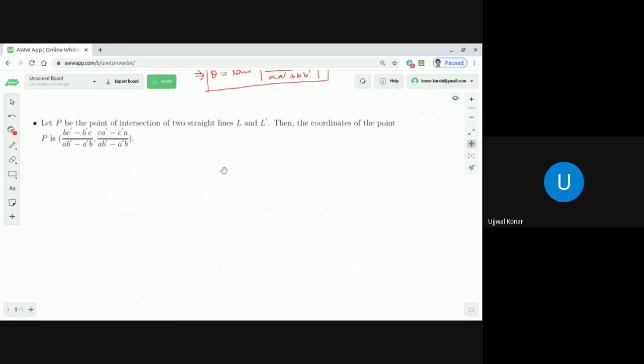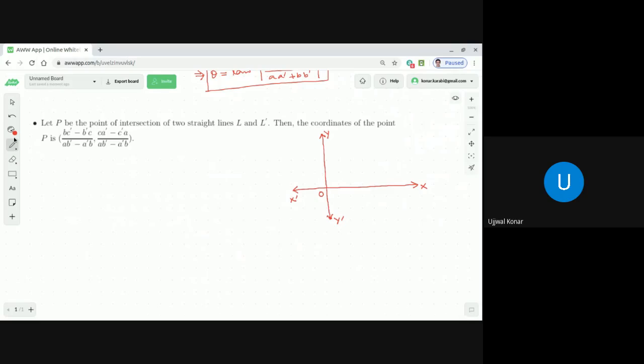Okay, so suppose let me draw the coordinate axis first. So this is y-axis, this is x-axis. So this is x, origin, x dash. This is y, origin, y dash.